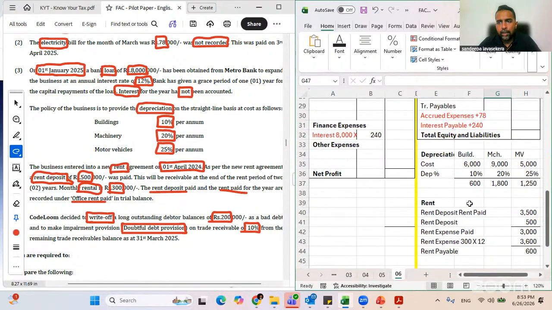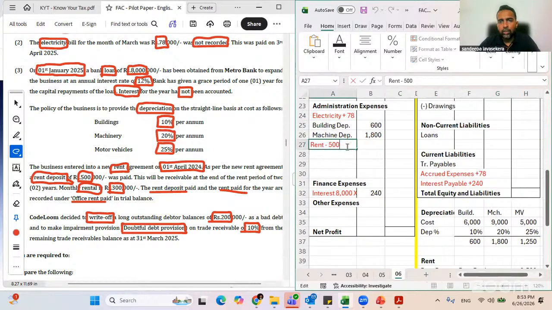Shall we record that then? When payable is 600. Okay. So we have to add 600 here and to the accrued, because it's a payable.